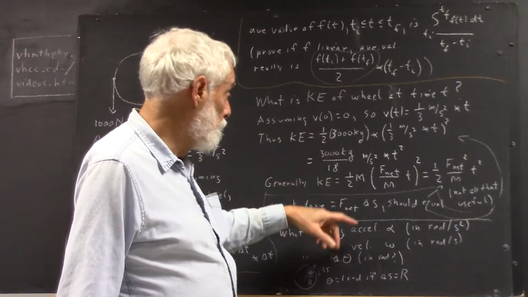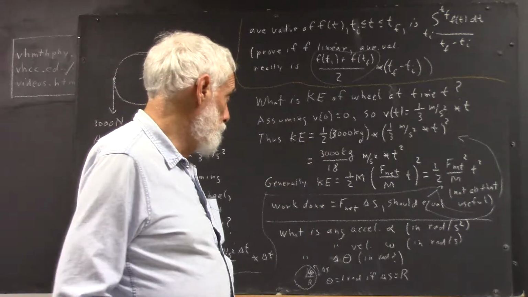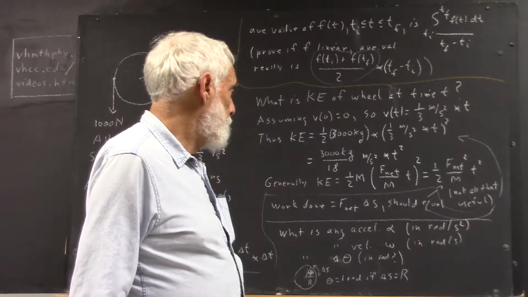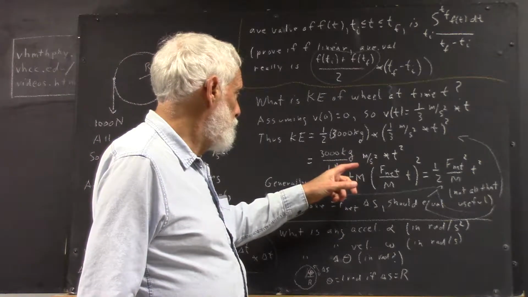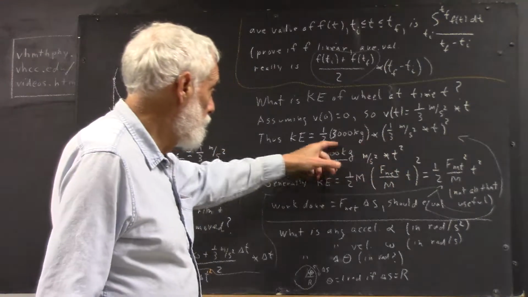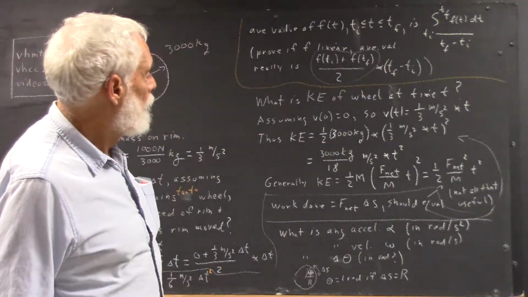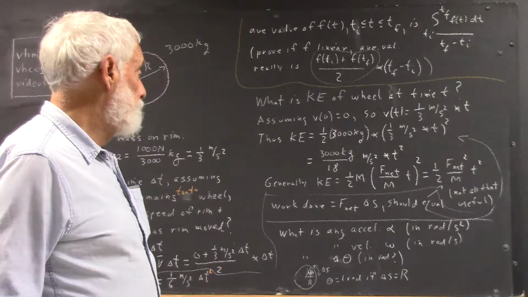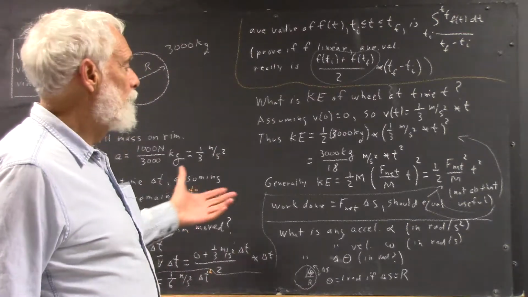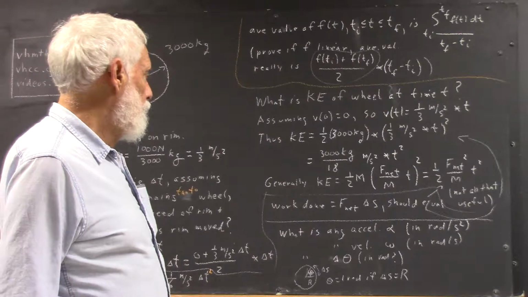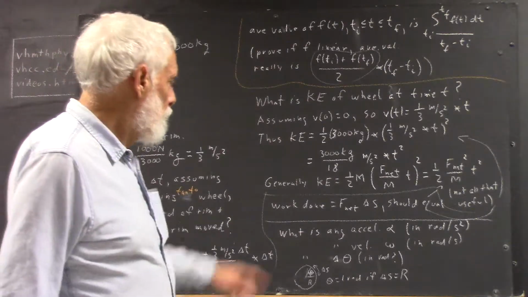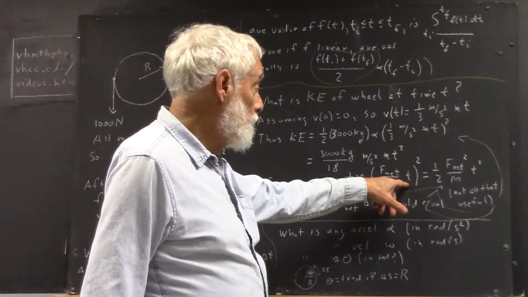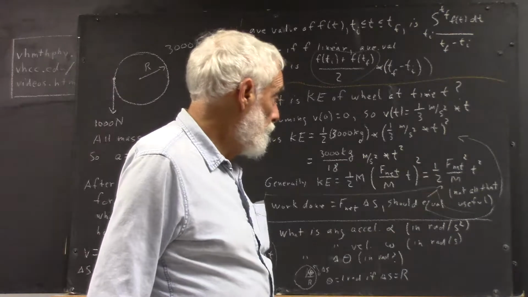Of course, that could be reduced. You have a common factor of 6. But we get this expression very clearly when we work this out. Generally then, the kinetic energy is 1/2 the mass times the acceleration, which is net force divided by mass, times t, that quantity squared.